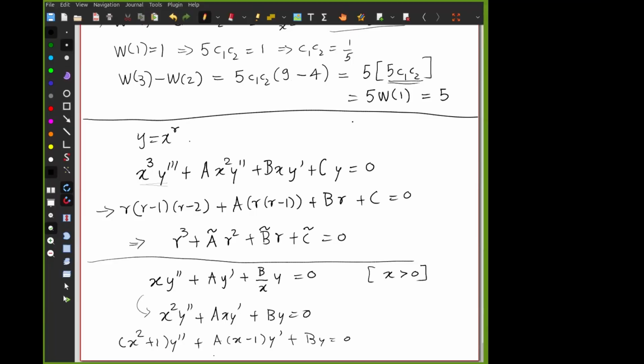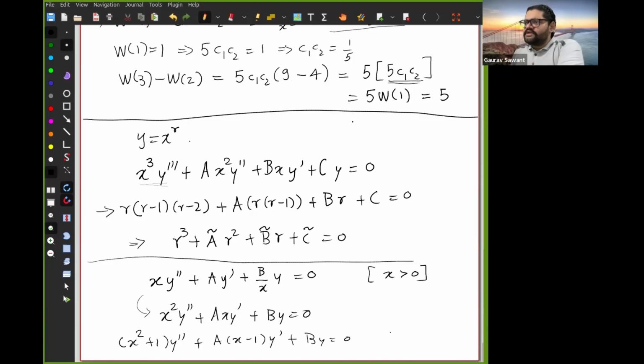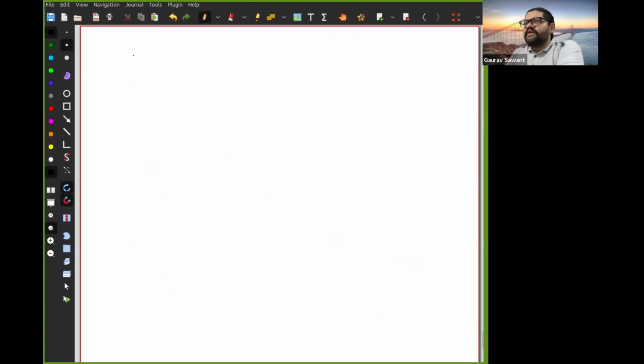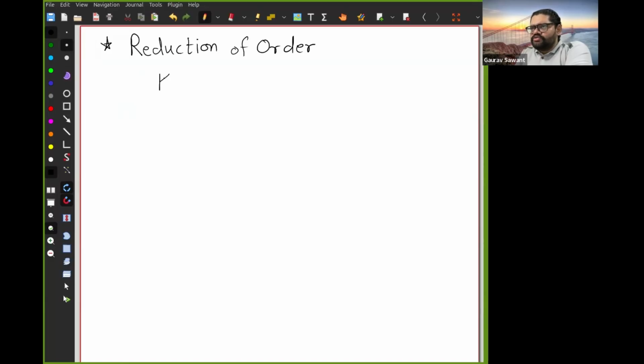Okay, sir. So I will just mention some extra methods which can potentially be used. There is something called reduction of order, which essentially works like this. There is a known solution. Let's say y1 is the known solution, and then you want to find a linearly independent solution y2.